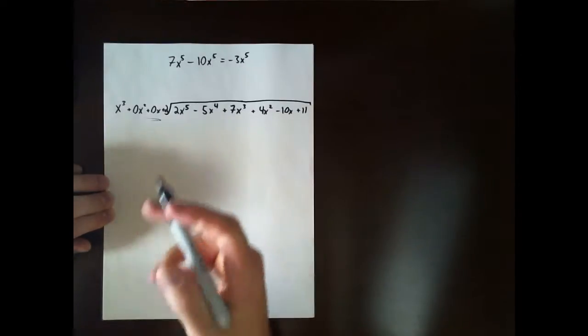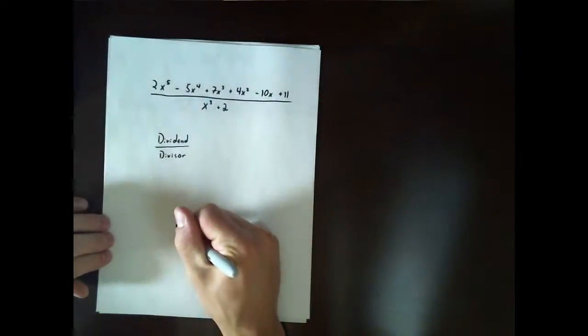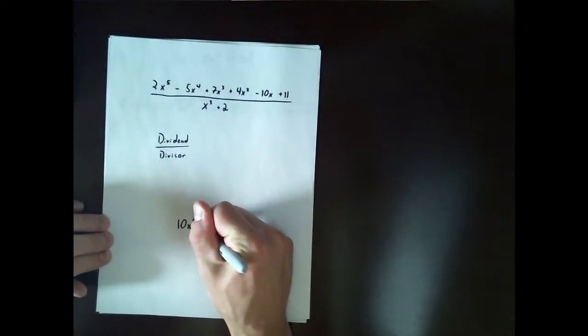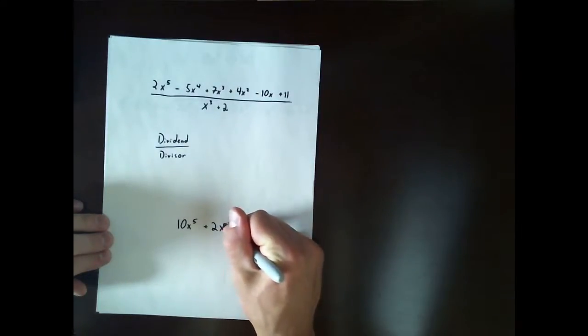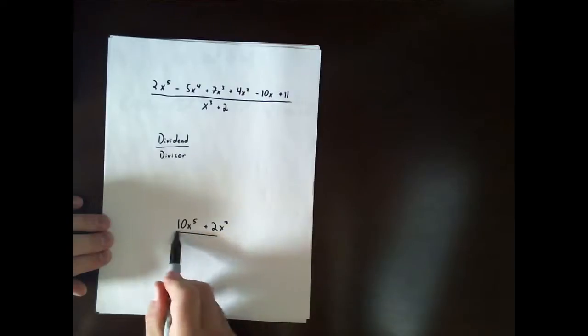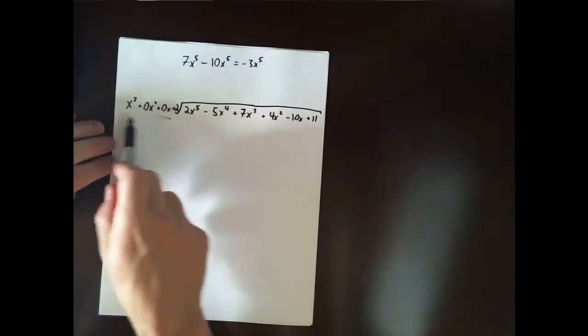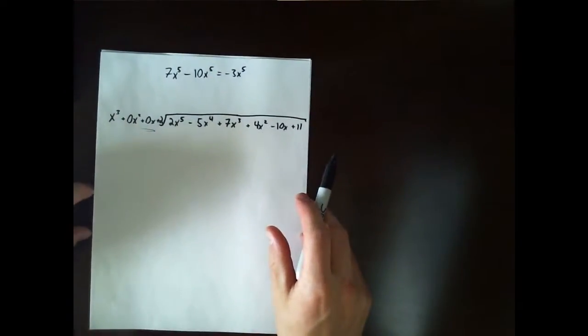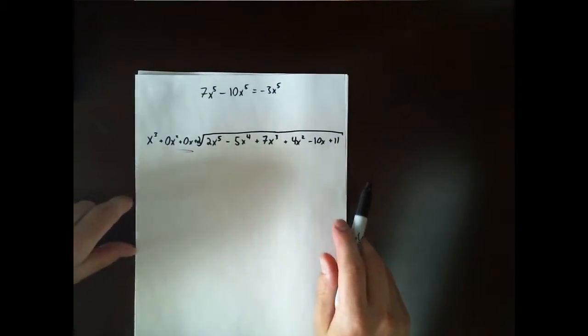However, I can't do something like, say, 10x to the fifth plus 2x squared. These two can't be combined any further. So I'm going to add these spaces in here just so that I don't accidentally do an addition that isn't allowed.